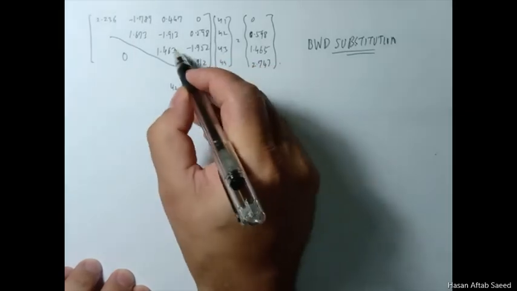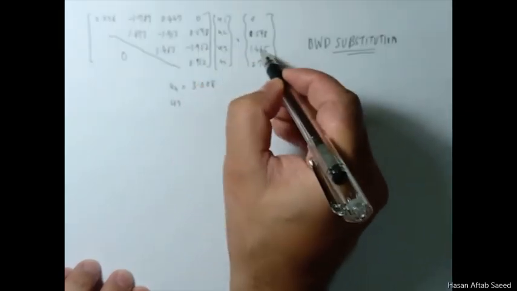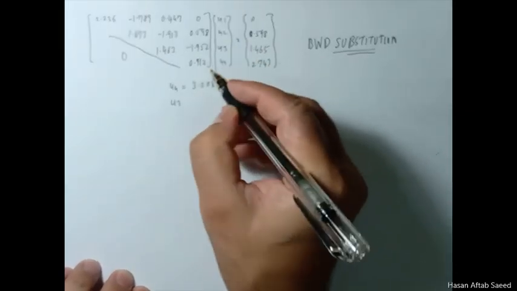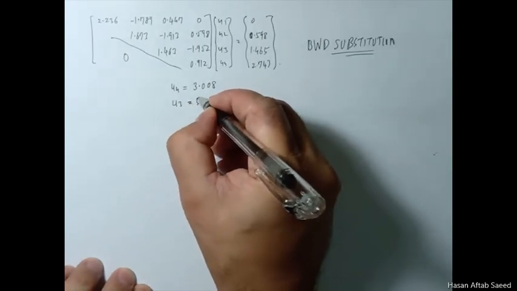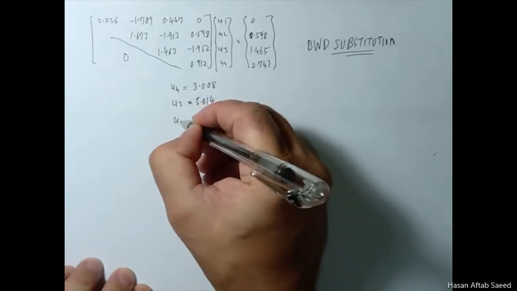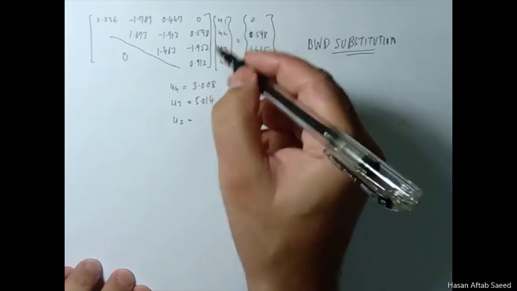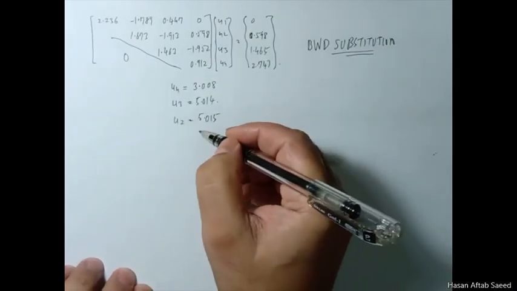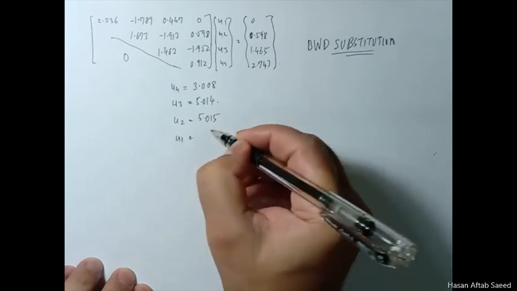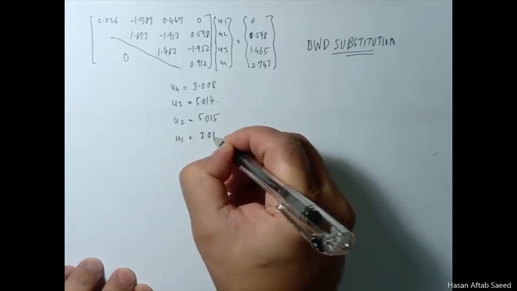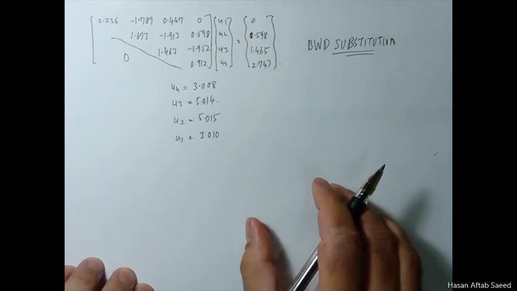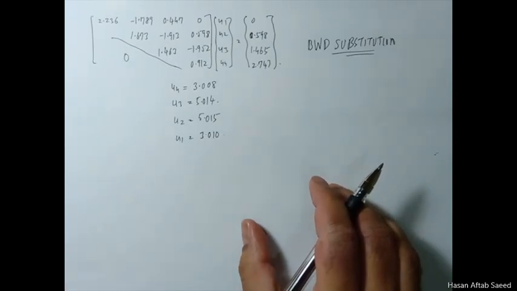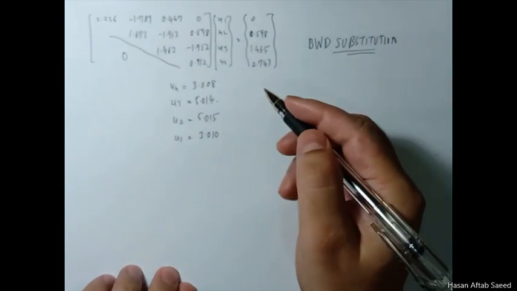The next step is u3, this multiplied by u3 plus this multiplied by u4 is equal to this number. u4 is already known, u3 can be calculated. Then you have u2, next step backwards to be precise, and then u1 turns out to be 3.010. So this is what we started the problem for. Actually u was what we wanted to calculate.